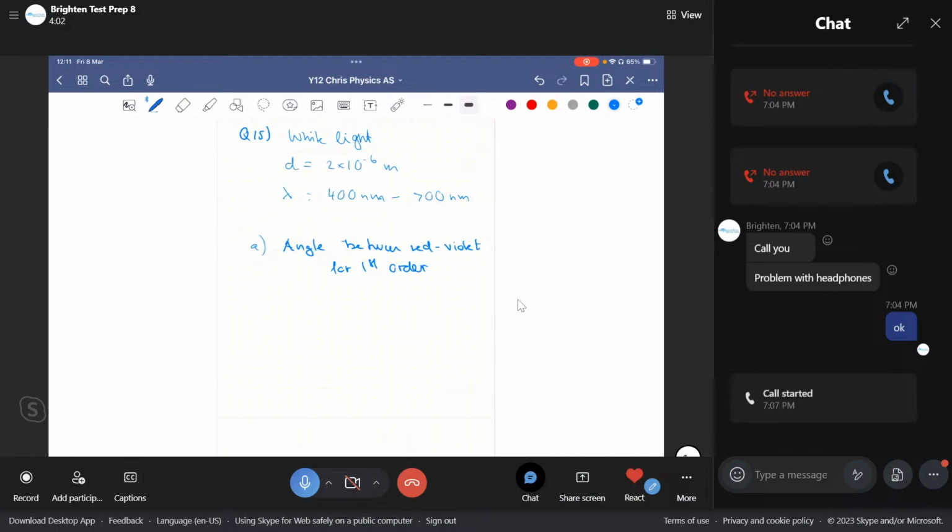So how do we proceed with this question? I think calculate the violet light first. Just a quick question.